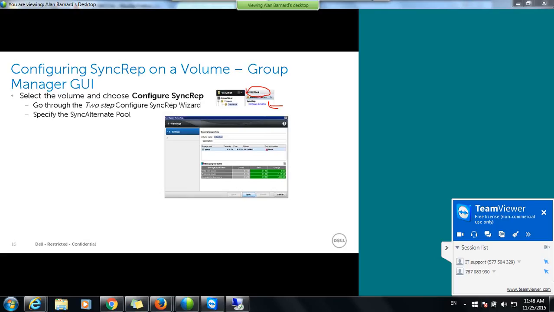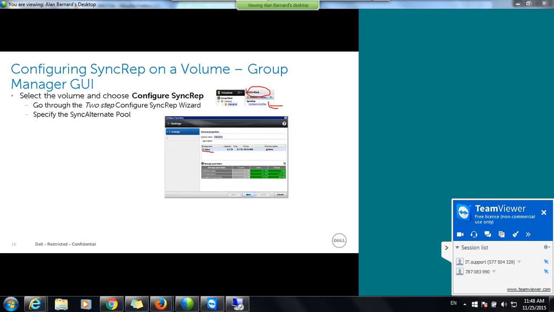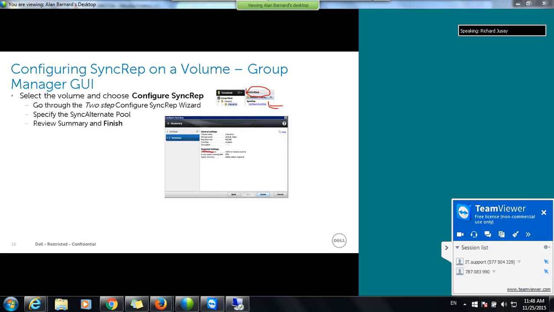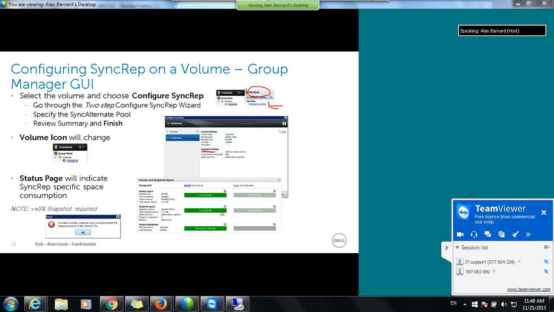Again, in here you only have two, so you can only see one option available. Then you have your summary, and then your volume icon will change.